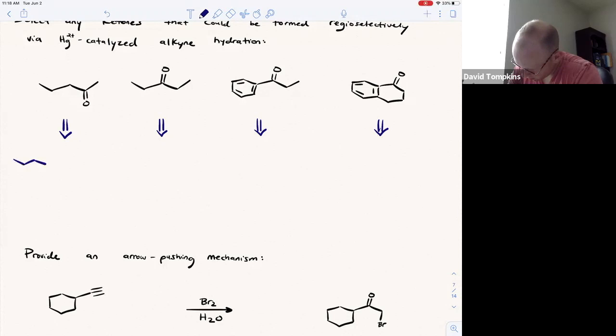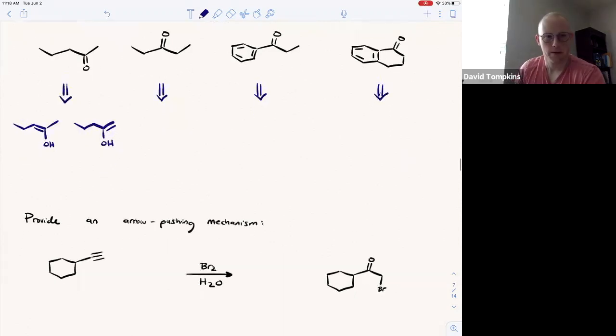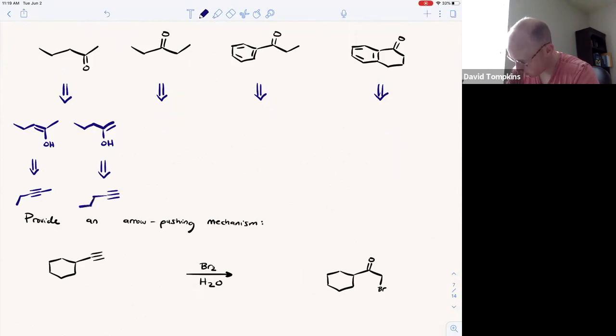So this one could have come from an enol at carbon 2,3 or an enol at carbon 1,2. And one step backwards, we could form the enol from having an alkyne between carbons 2 and 3, or form the enol from having an alkyne between carbons 1 and 2.